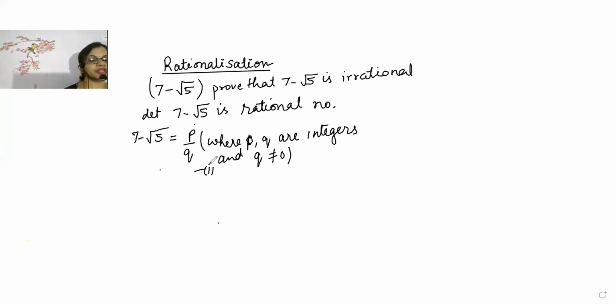Then what should be the next method? Can anybody tell me what should be the next method, beta? Once you are taking it equal to equation 1, after that what you will do? Tell me, I told you the procedure, what you will do? Very good, Vishal. You are going to squaring both sides. So we will write squaring both sides of equation 1.